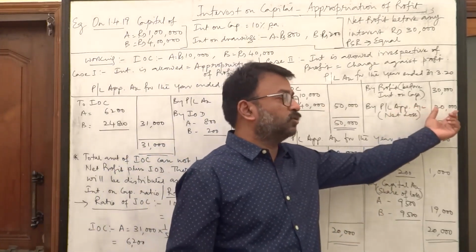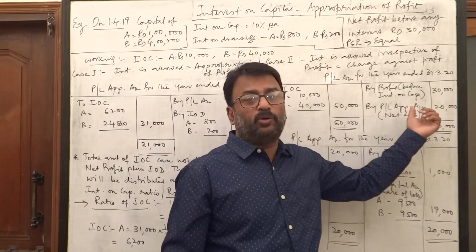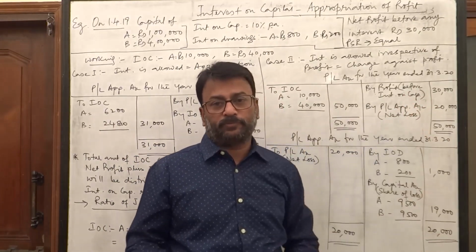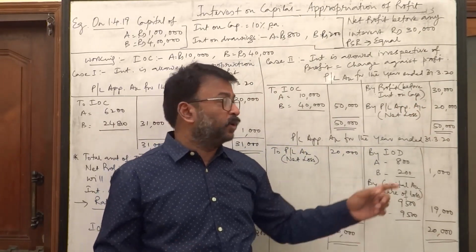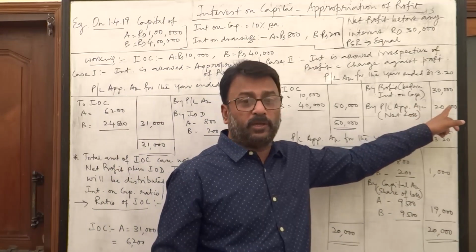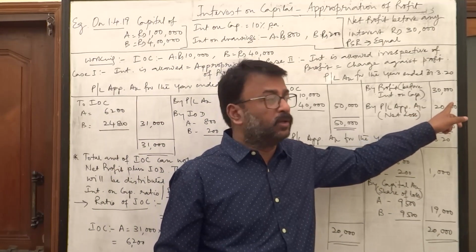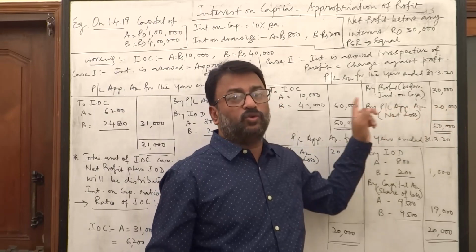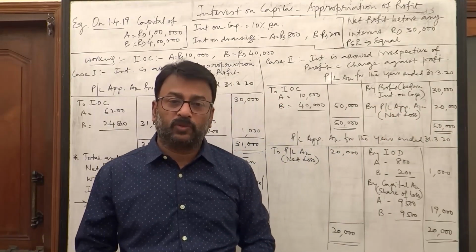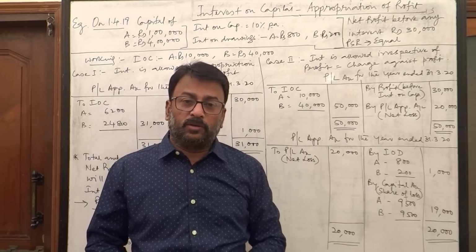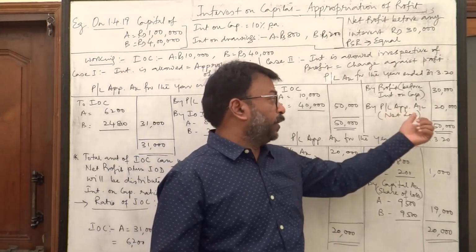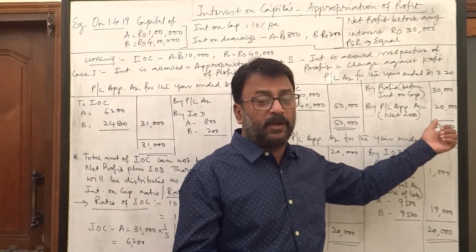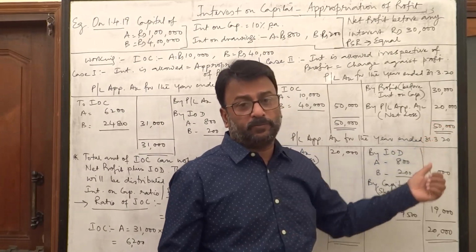Normally this 20,000 rupees we distribute to the partners here only. But why am I not distributing here? Why am I transferring this 20,000 rupees as net loss to PL appropriation account? Because we have to take interest on drawing from partner.